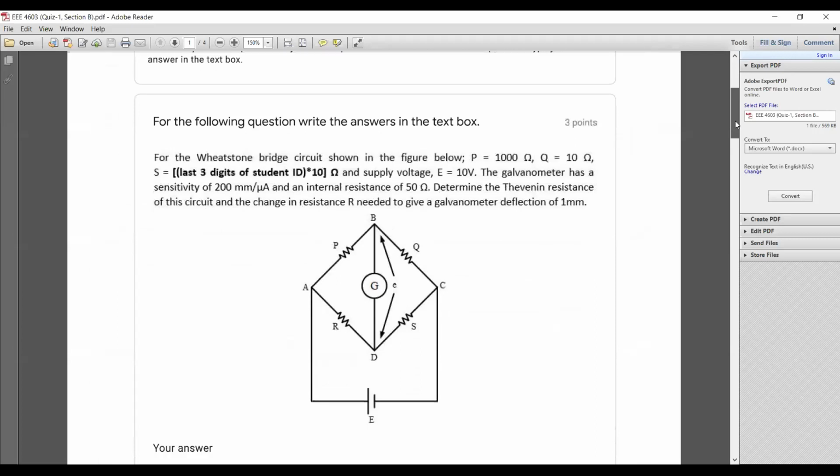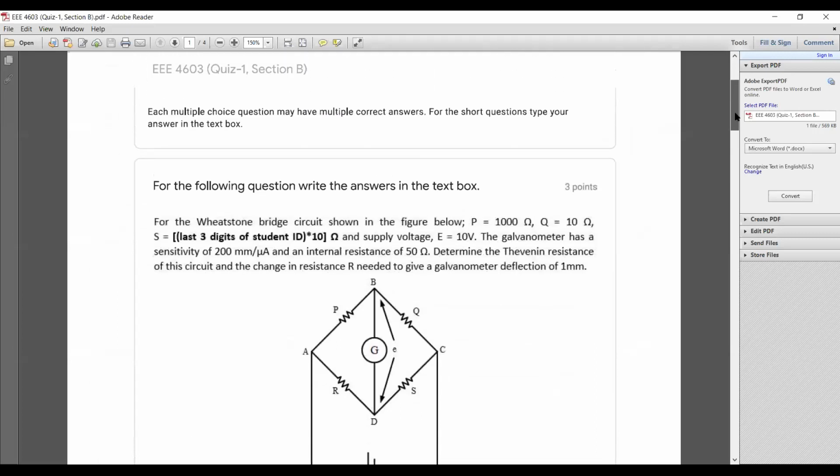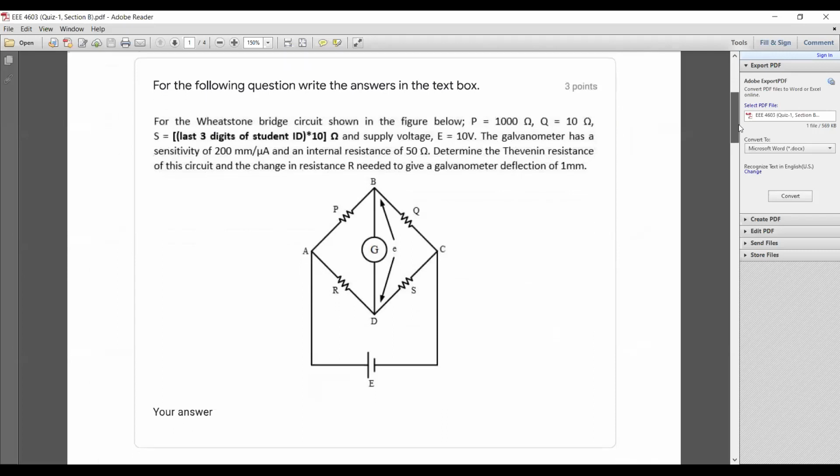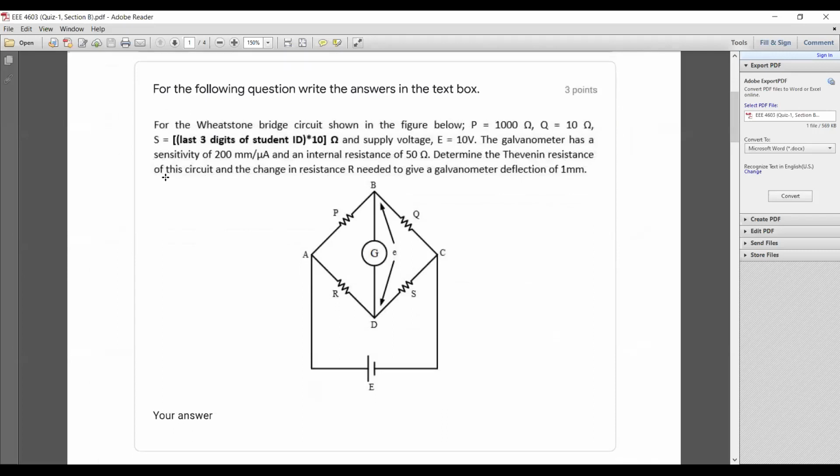Okay, so let me start. First of all, in this question, a mathematical problem was there. Here you are given values of P, Q, and S. S would be different for different students depending on their student IDs.